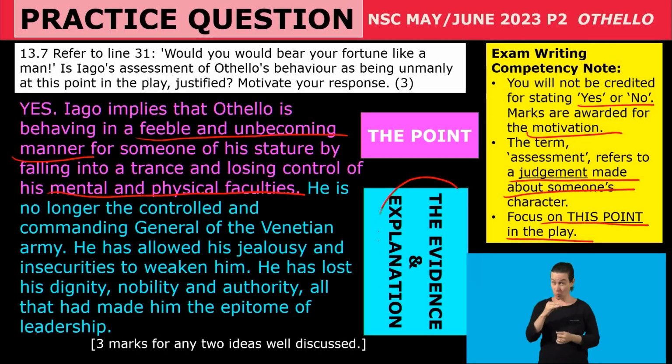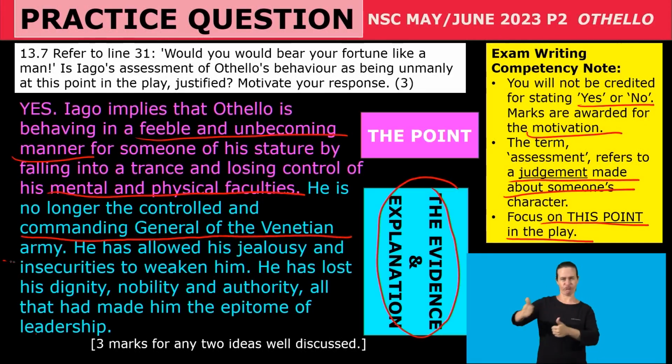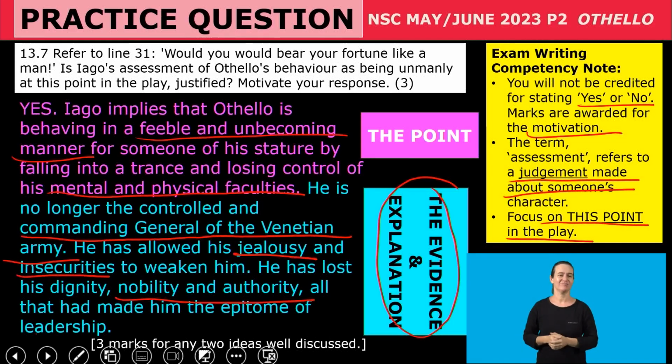So this is the explanation and the evidence, he is no longer the controlled and commanding general of the Venetian army. He has allowed his jealousy and insecurities to weaken him. He has lost his dignity, nobility, and authority, all that had made him the epitome of leadership. 3 marks for any 2 ideas well discussed.